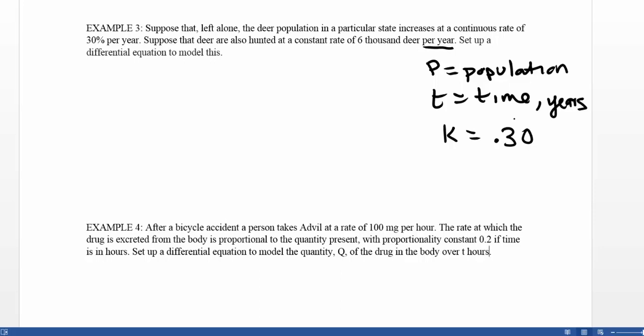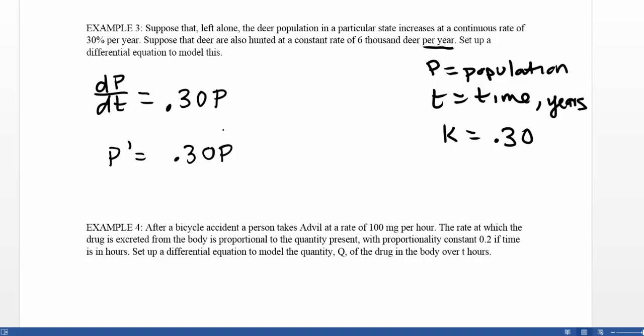So when I set up my differential equation, I'm going to again start with my derivative. So dP/dt, or P prime, whichever you prefer. So the rate at which the deer population is changing is going to be 30%, so 0.30, times whatever the population is.